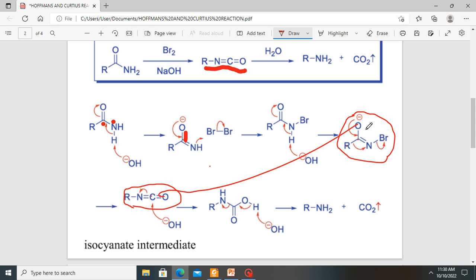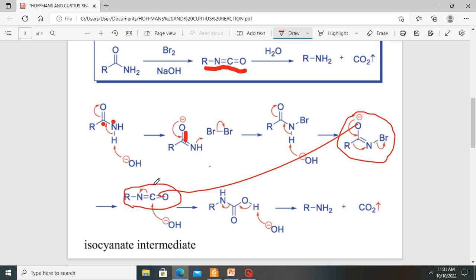So the first rearrangement reaction involves the bonding of the R portion to nitrogen with the leaving of the bromine. Then this nitrogen gets bonded to the carbon, and the carbon already has the oxygen, which forms back the new pi bond. So this is the intermediate isocyanate which is formed.